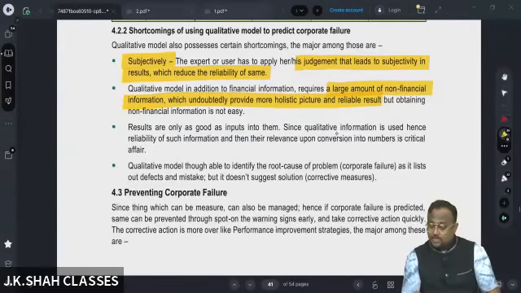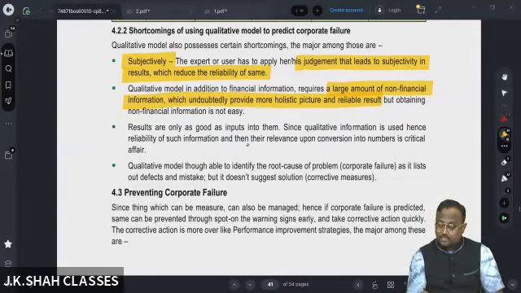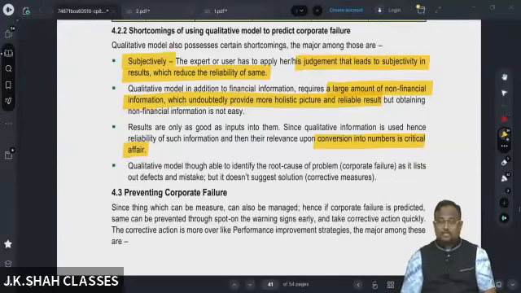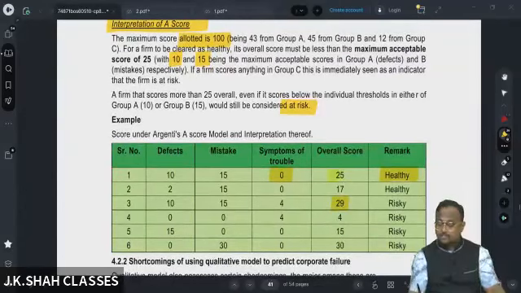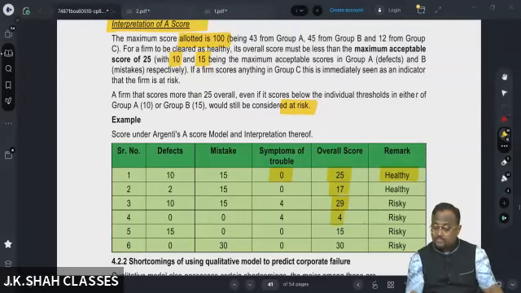Since qualitative information is used, hence reliability of such information, and then their relevance upon the conversion into number is a critical affair. मतलब जैसे हम लोग ने यहाँ पे लिखा 43, 44, 45, कभी 25 हेल्दी है, कभी 25 से कम हेल्दी है, कभी 25 से कम रिस्की है.